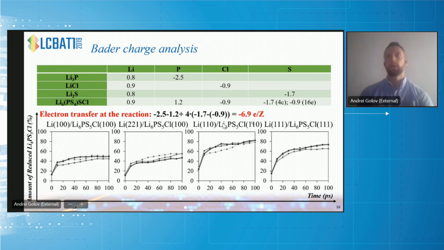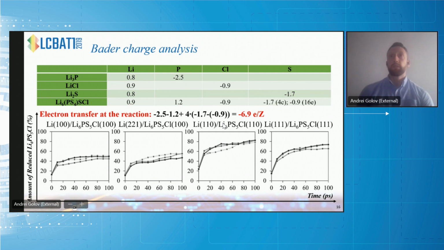According to this, the highest reduction rate is observed for the last two models, lithium [110] or argyrodite [110] and lithium [111] or argyrodite [111]. In the square brackets, the Miller indices of the plane are specified. So the difference in the reaction rate is probably caused by the difference in the surface energy of the argyrodite in different crystallographic directions, because the surface energy of lithium is quite close.